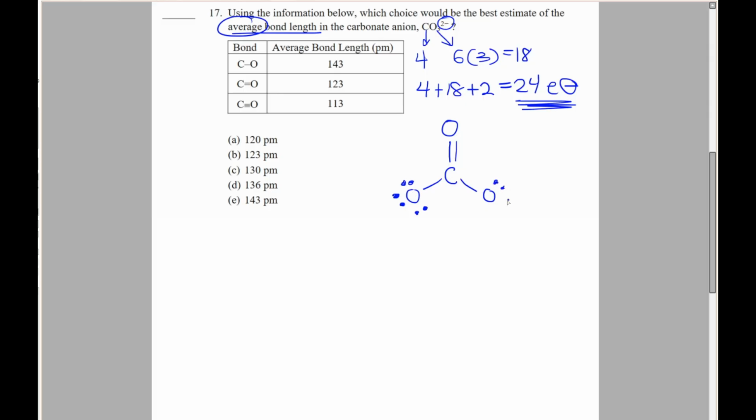So these 2 oxygens on the bottom are going to have 3 lone pairs. And then this top oxygen, which has 2 bonds, will only have 2 lone pairs to make a full octet. You can count this just to make sure, but this is how it should look.